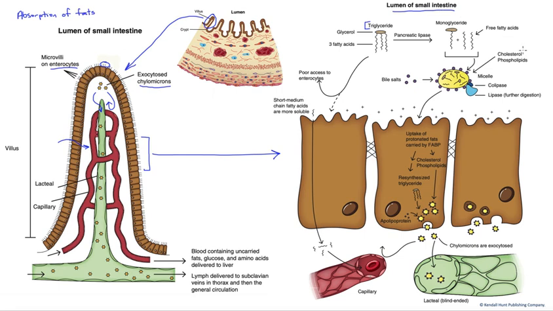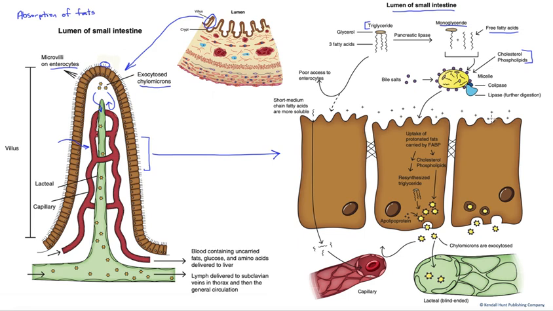We also eat cholesterol and phospholipids, which would also be absorbed. Our pancreatic lipase is acting to digest those triglycerides, breaking them up into their component free fatty acids and the leftover monoglycerides. Those fats need to be repackaged and delivered to the wall of the small intestine for absorption.